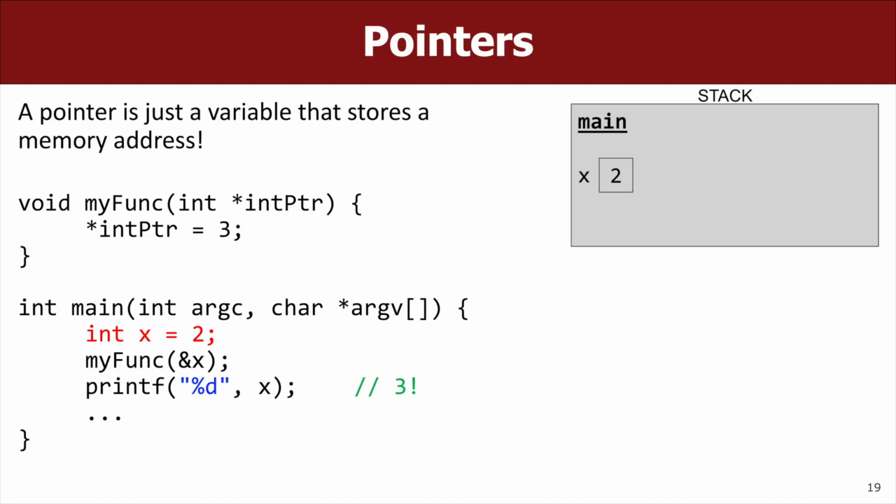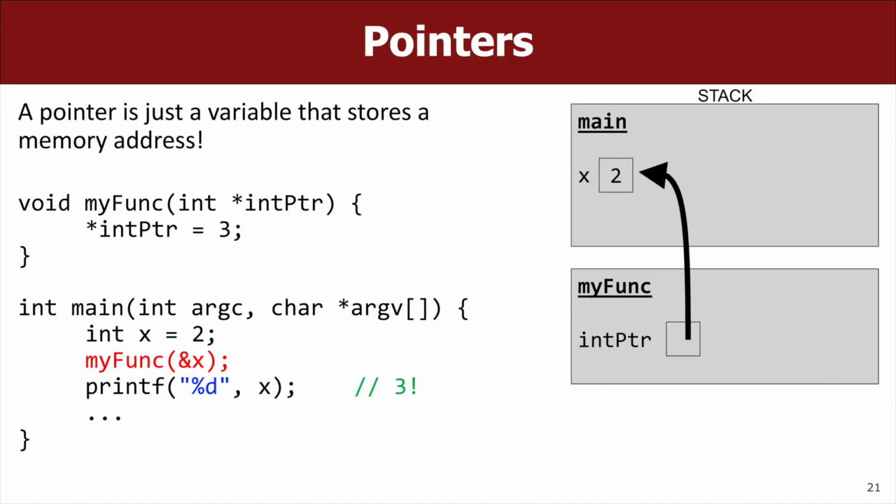When we call myfunc and we pass in the address of x, this makes a new stack frame for myfunc, and it initializes int_pointer with the value of the address of x. What this means is that int_pointer is essentially pointing to x. We can draw it with this arrow right here. And so when we execute the code in myfunc, it dereferences int_pointer, it follows the arrow, goes to that location, and sets the memory there to be 3.